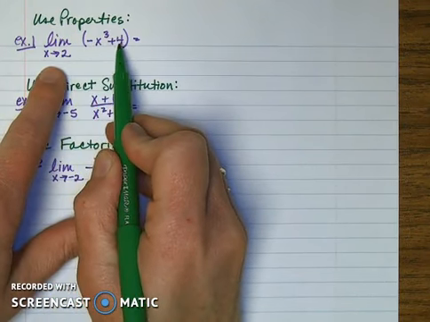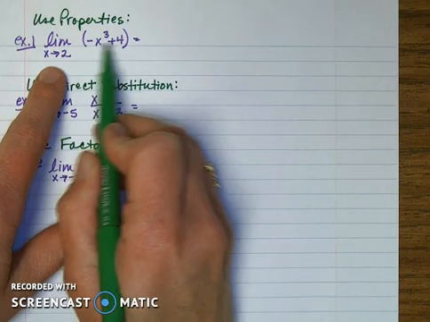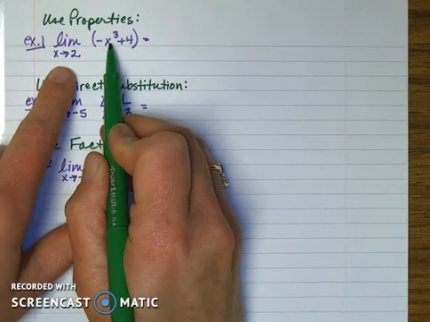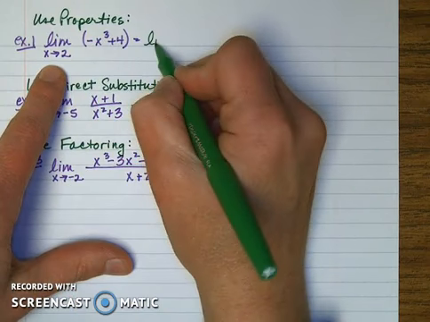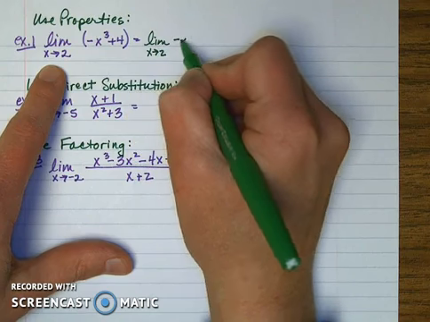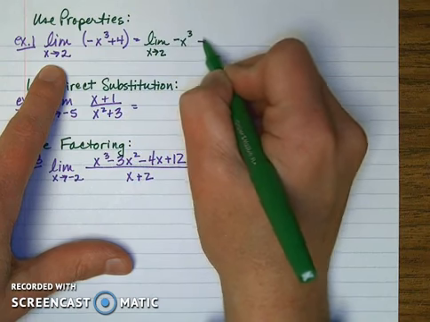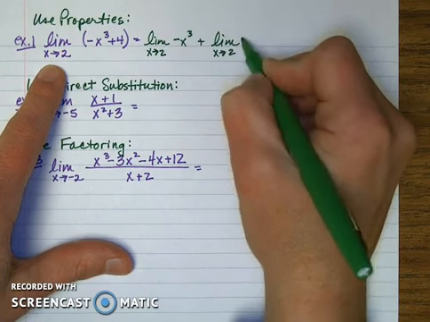So this is a sum, or I guess a difference if I flip the order around, but I'm going to go ahead and split this up into 2. So I'm going to say that's equal to the limit as x approaches 2 of negative x cubed plus the limit as x approaches 2 of 4.